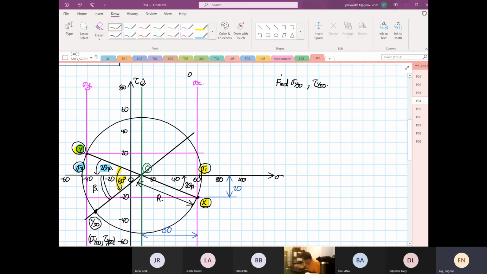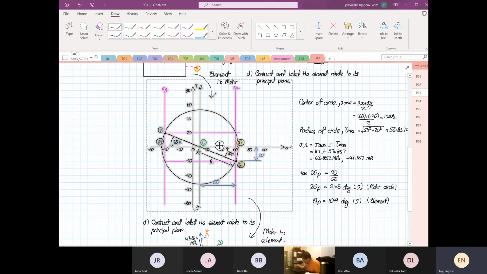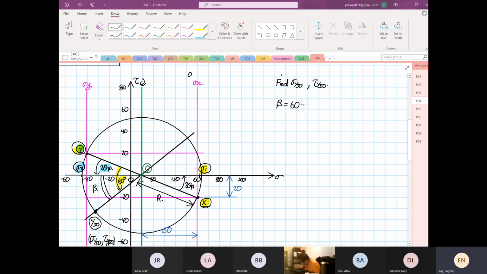Before we do that, we have to find our beta angle. So beta is equal to 60 minus the 2 theta p we had before, which is 21.8 degrees. So beta is equal to 60 minus 21.8, which is 38.2 degrees.